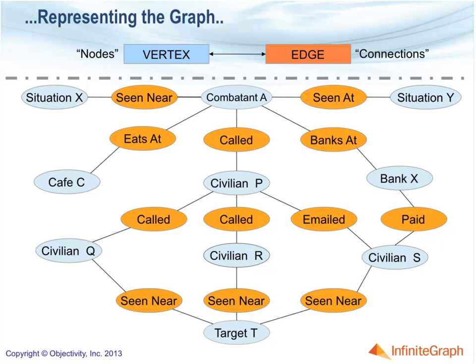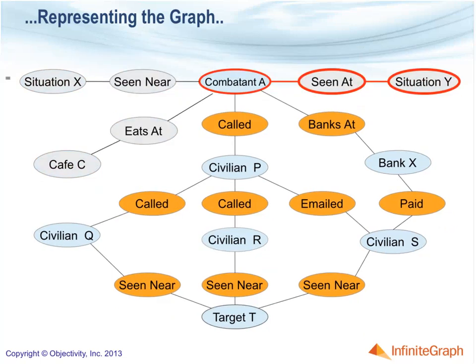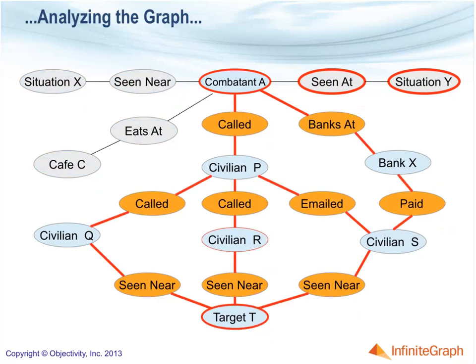Now, let's imagine that I'm an analyst, and I have one key piece of information, and that is I know something about combatant A, the person in the top center there, because we saw this person near something bad, or maybe we caught this person near something bad. So we know that. Now let's look at the other connections, and suddenly a picture has emerged.